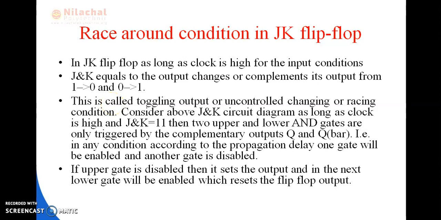So this condition is known as race around condition. This race around condition can be eliminated by using the master-slave JK flip-flop. So we are using the master-slave JK flip-flop in order to eliminate the race around condition.